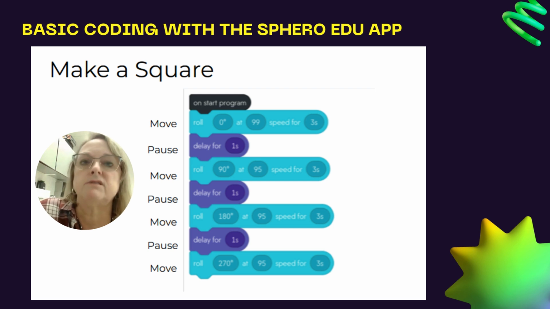And then how fast to turn, and how long. And then pause, move again, how to turn, how fast to go, and how long. Pause, how to turn, how fast to go, and how long. And if you do these steps correctly, if you build this program correctly in the app, this is what your bot will do.